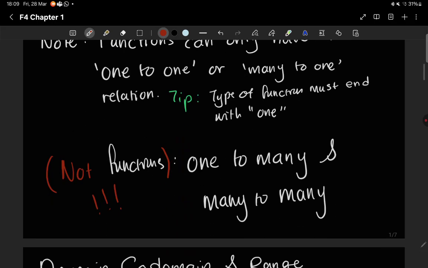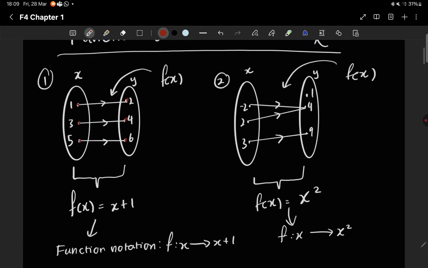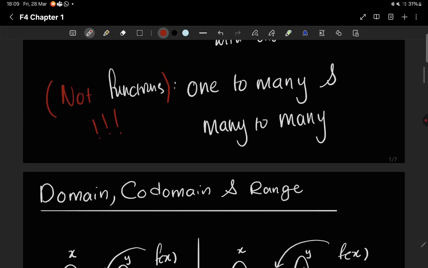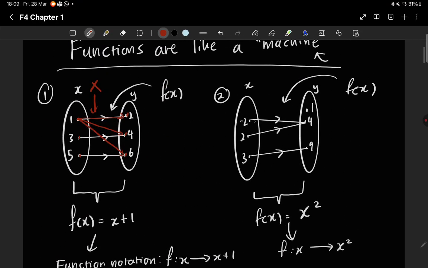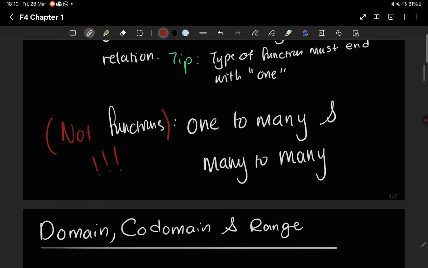If I were to have a one-to-many, where for example one value connects to many other values, this is not a function. As well as many-to-many, which means one value leads to this one, two values lead to one, and there are just so many values, and this 2 also leads to another value. So you can't have many values leading to many other values.